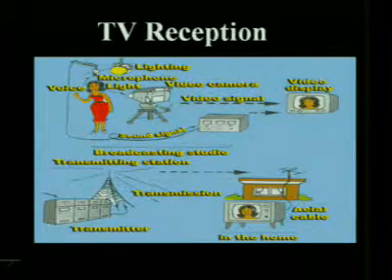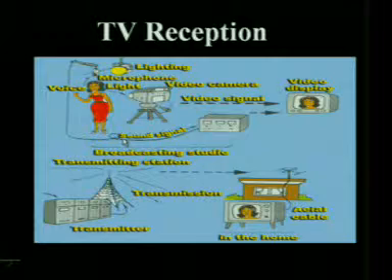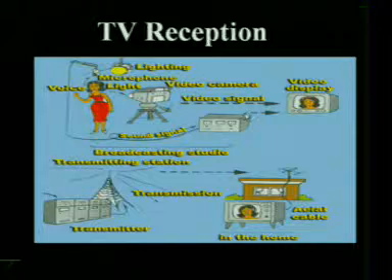First, by a cable, in which the picture is picked up by the TV camera and the sound is picked up by a microphone. After amplification, this sound reaches the TV screen along with the video signal and forms the picture.